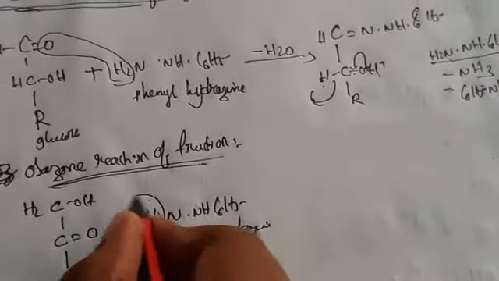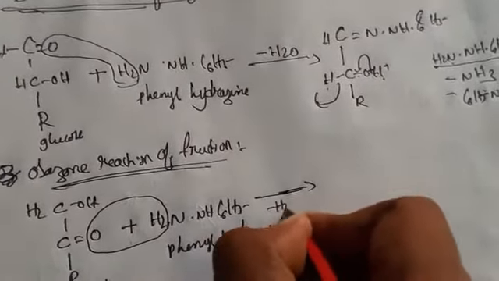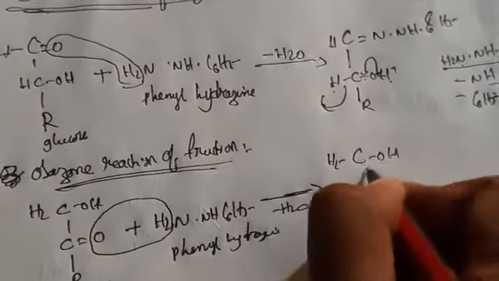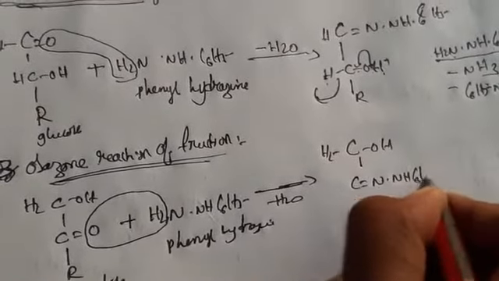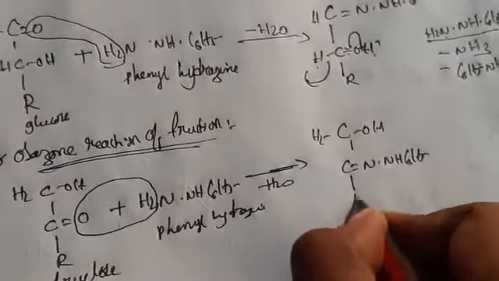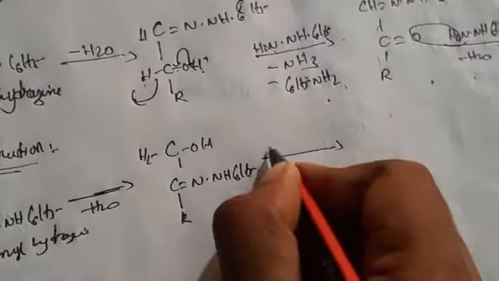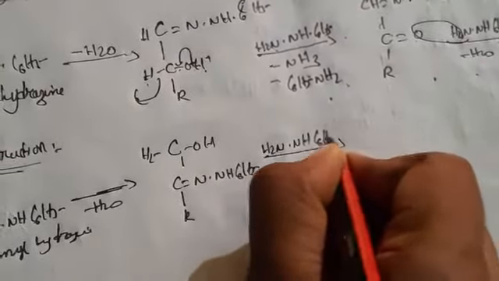So what happens here? A water molecule is lost, minus H2O is lost, then you are getting CH2OH, C double bond N, NHC6H5, R. So again you have to take phenyl hydrazine, H2N NHC6H5.